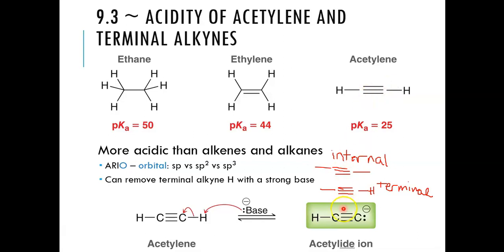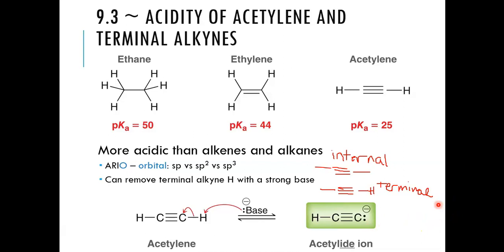And so because of that, when it's in its conjugate base form, that lone pair is going to be held closer to the nucleus, closer to the protons, which means it's going to be more stable. So remember, Oreo is all about deciding which conjugate base is the most stable, because that's going to tell us which acid was the strongest. So our terminal triple bond has the most stable conjugate base, which means it is the most acidic. We still are going to need a very strong base to remove that hydrogen.